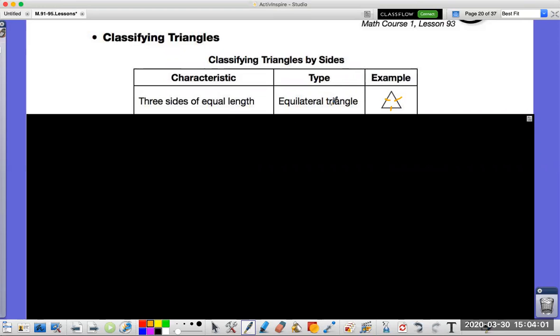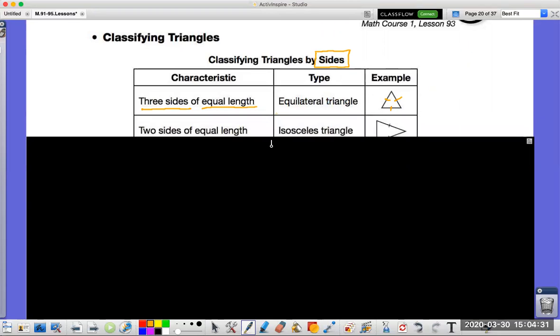So that triangle has 3 sides of equal length, so that's considered an equilateral triangle. That's classified by sides. So if we're strictly looking at the sides of this triangle and they're all the same length, the only way they would be able to be connected is if they're all the same length in this case, to be an equilateral triangle.